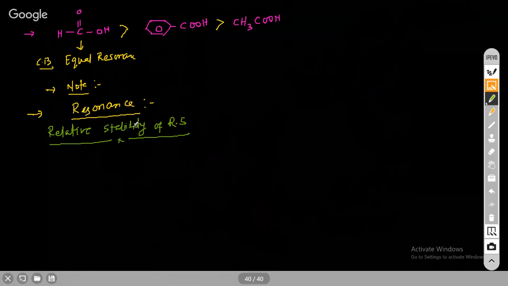Must remember one thing: we are talking about the stability of RS of the same compound. For one compound, we can draw 2, 3, 4, 5 resonating structures possible, right?